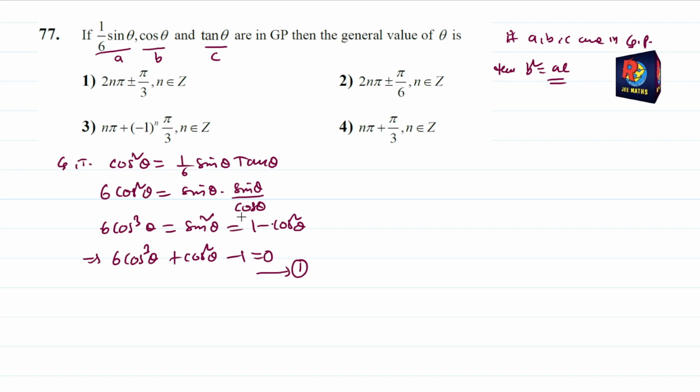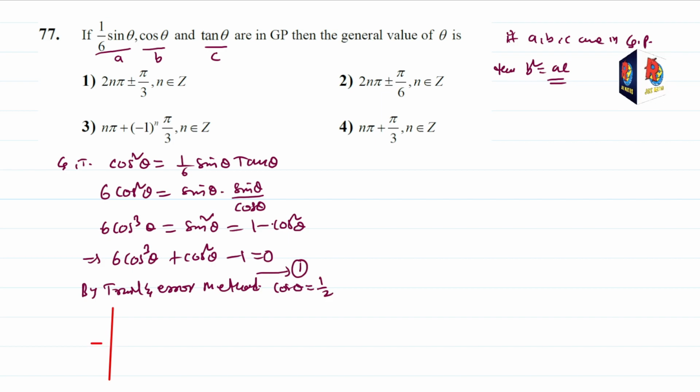Here you can observe that it is a cubic equation. So by trial and error method, cos theta equals 1 by 2 is satisfied. Now let us go for Horner's method with 1 by 2.